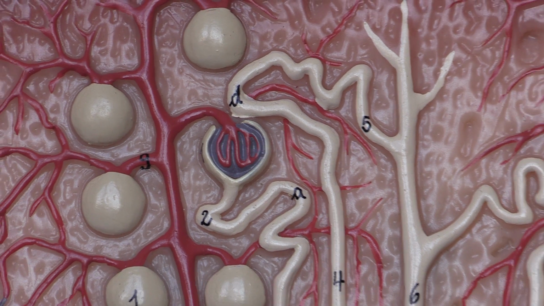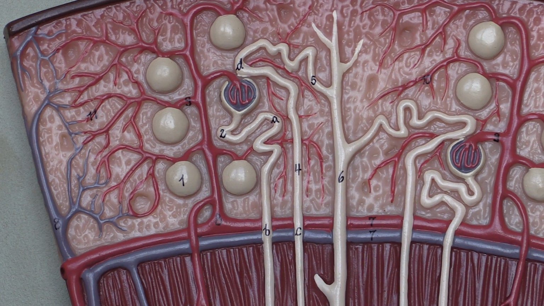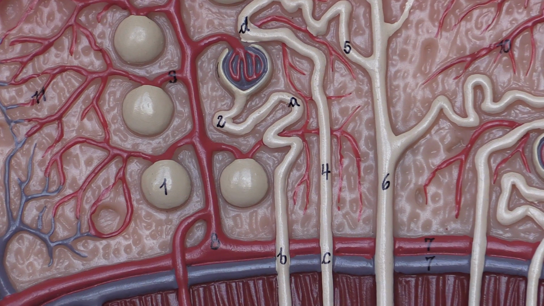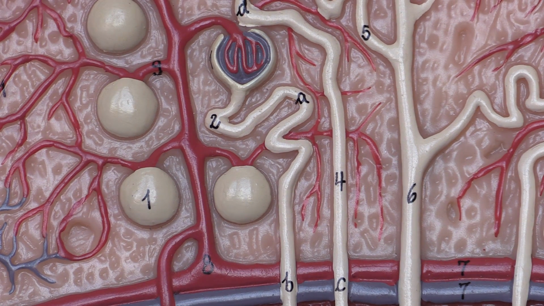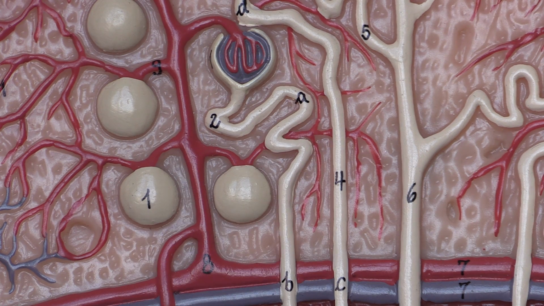And there are also different components to the renal tubules. Firstly, we have the first convoluted tubule. So this bit here is the first, or the proximal, convoluted tubule.